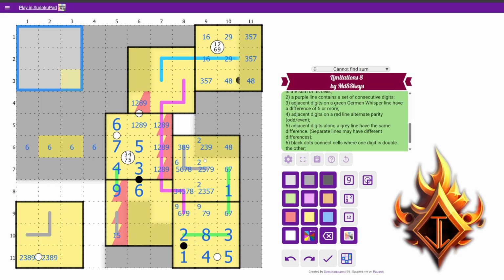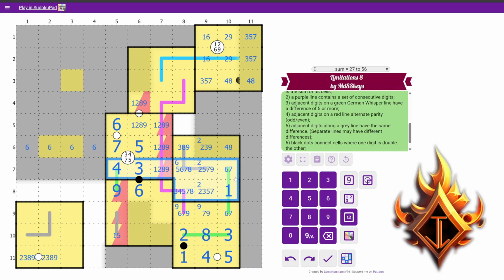If I had one more number, or not one more, if I knew a digit was on this row and this row... well, I mean, that's the same thing I did with the 6, isn't it?